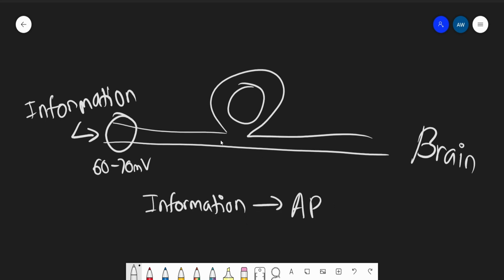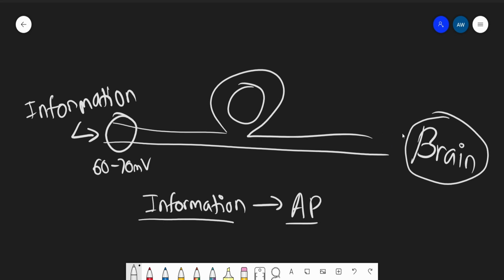The problem is this action potential is only localized to this one specific area where the information is retrieved. Everywhere else, here, they will have negative 70 millivolts, the normal, usual resting state. So the problem now is, since the information translates to the action potential, how do we make sure that the brain is able to detect, read and interpret this action potential?